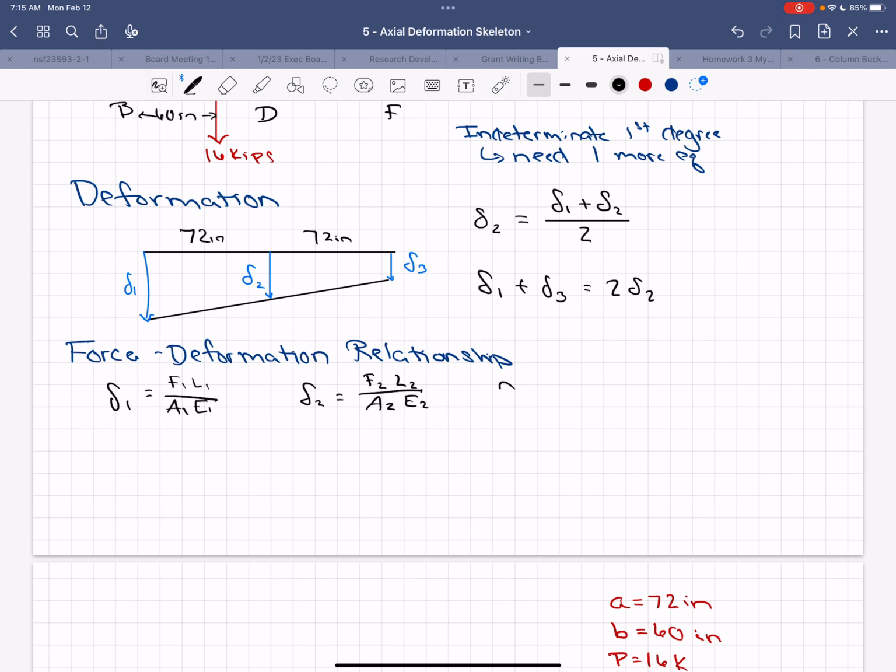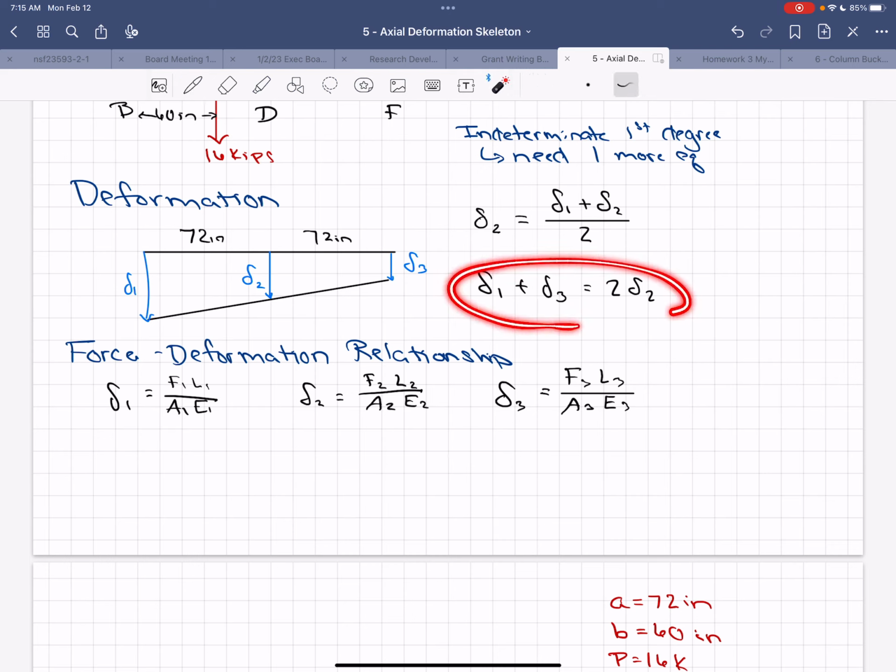And lastly, the deformation in bar 3 equals the force in 3 times the length of 3 divided by the area of 3 times the elastic modulus of 3. So now we take these and substitute them in to our deformation relationship.